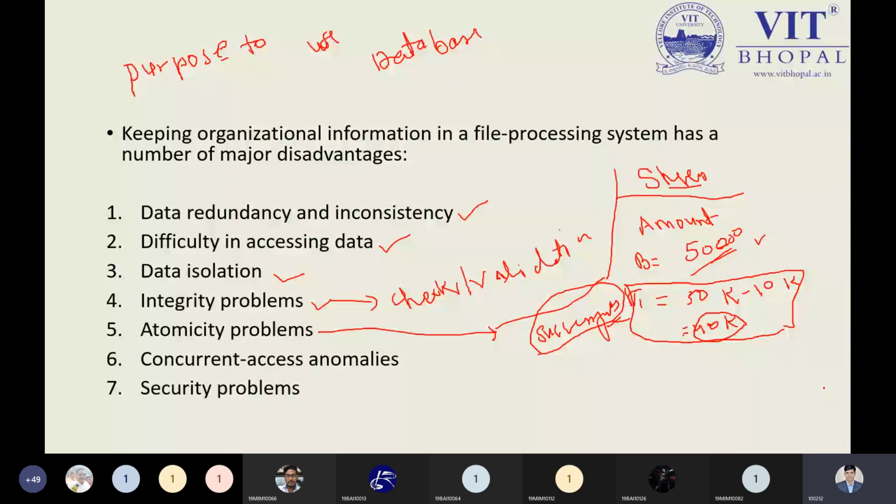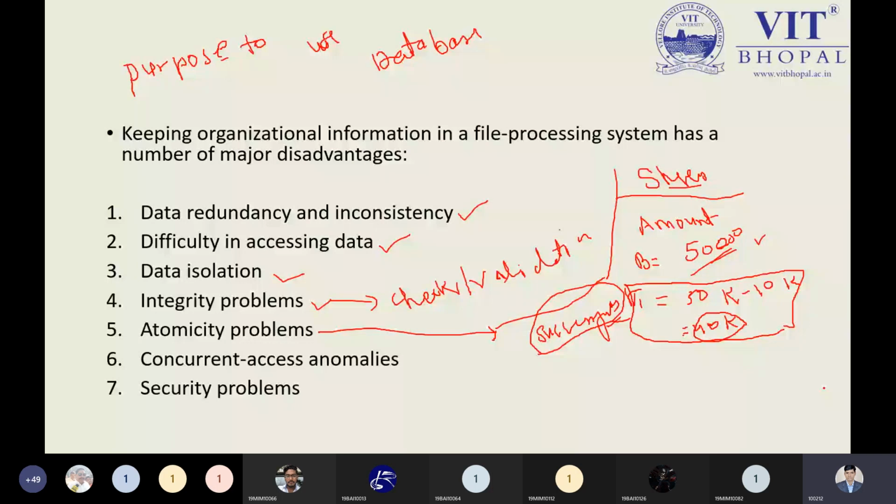And a transaction could fail due to any reason. Like I'm doing online net banking, transferring some amount to my friend. I just click on send, and while it is functioning properly, suddenly my laptop goes down, the power goes off, or maybe the internet connection goes down.